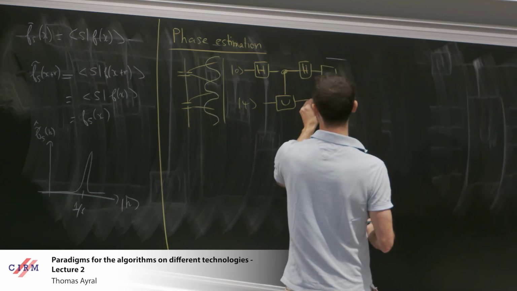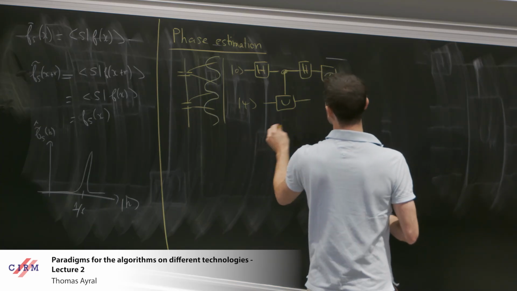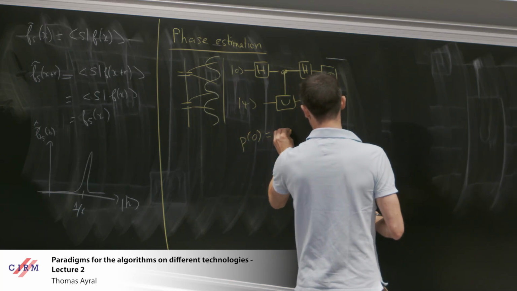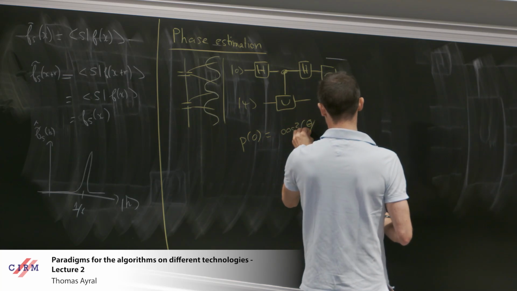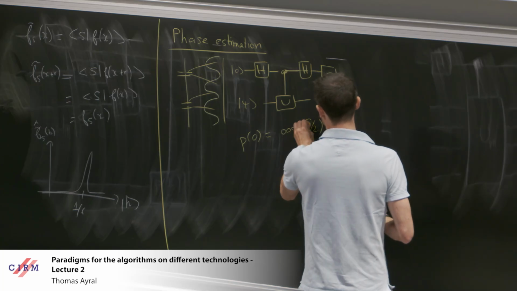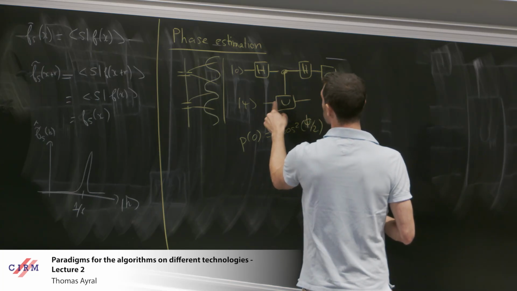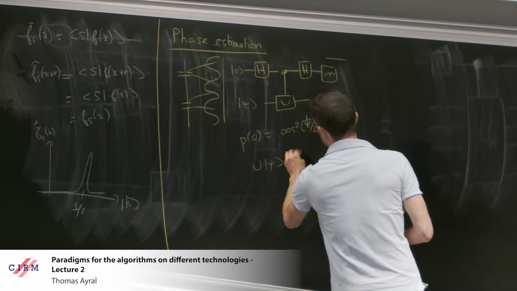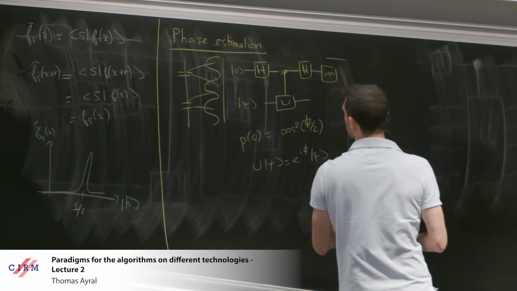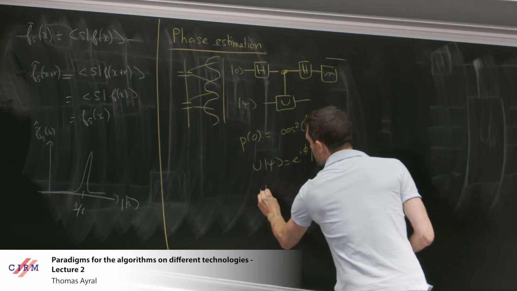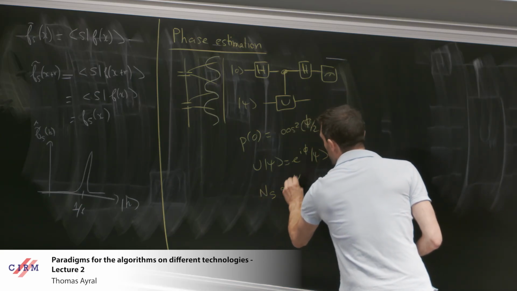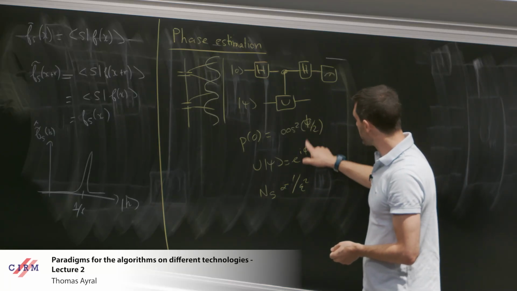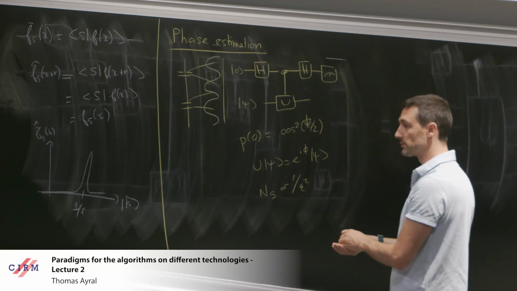And we had seen yesterday that the probability of getting 0 on the qubit was a cosine squared of phi half, where phi is the phase corresponding to the vector. So I had said that U times the eigenvector was exponential of i phi, and the goal was to find phi. But we had seen that the number of shots we needed was 1 over epsilon squared, where epsilon is the error that I do on the phase estimation, so that was not super nice to do.